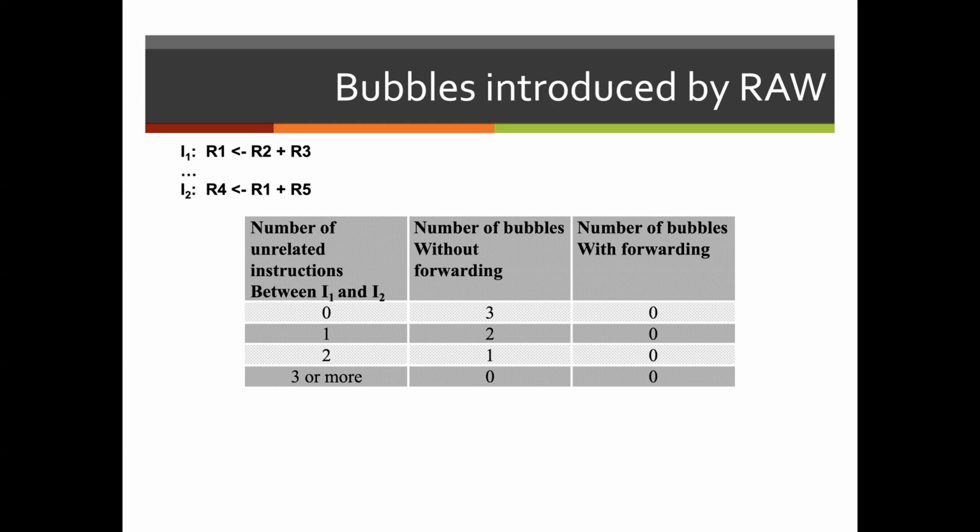If we have instructions that can be put in between I1 and I2, then we only have 2 bubbles without forwarding. If we have 2 instructions added in between I1 and I2, then we have 1 bubble, and 3 or more instructions will mean that we don't have any bubbles in our data path.